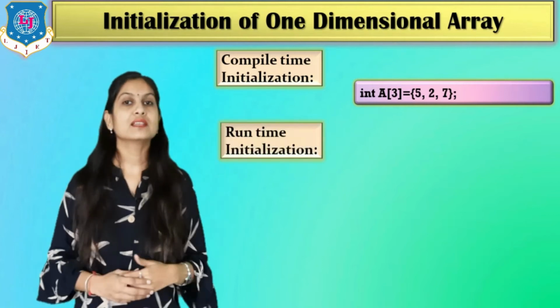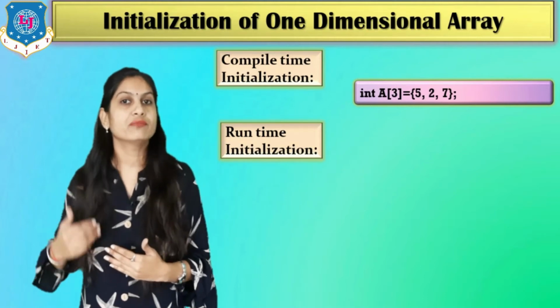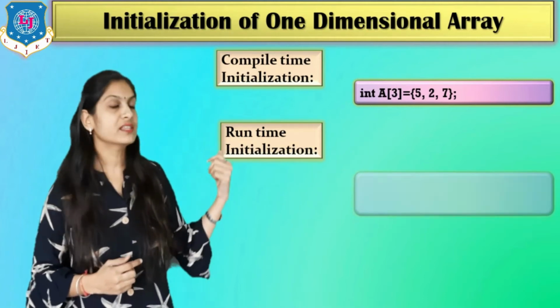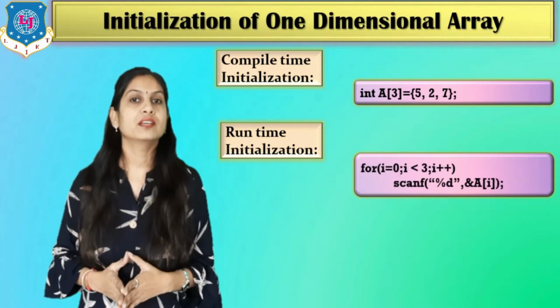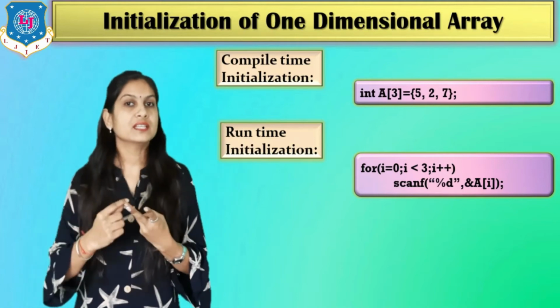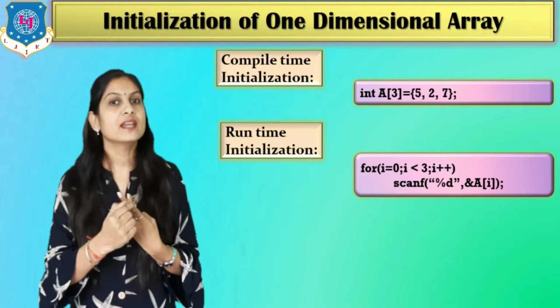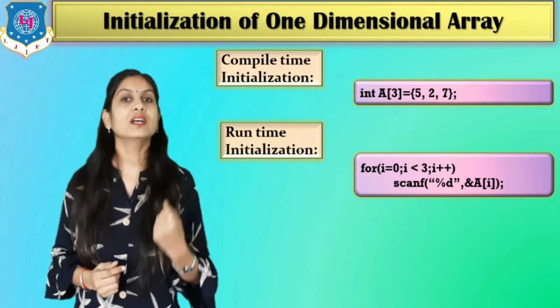Now second one is runtime initialization, in which we can assign the data from the user, and for that we have to use the for loop, that is already discussed in our previous lectures. So for has 3 parts. First is the initialization, condition and then increment decrement. So the array index always starts with 0.